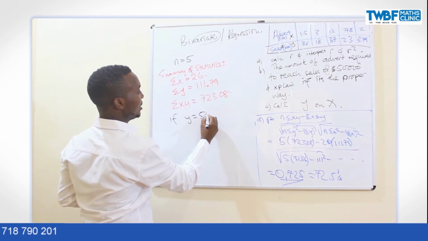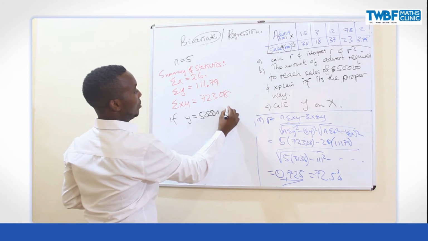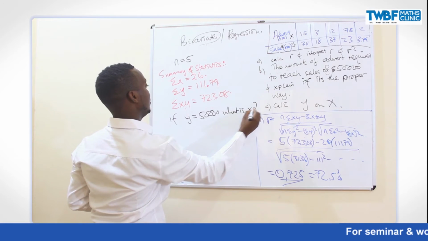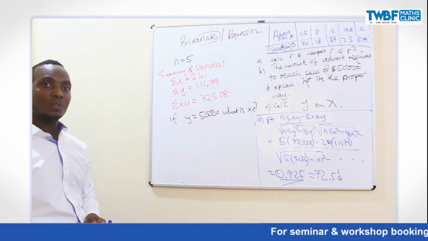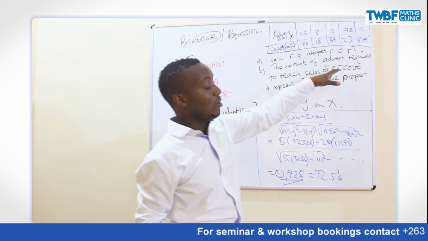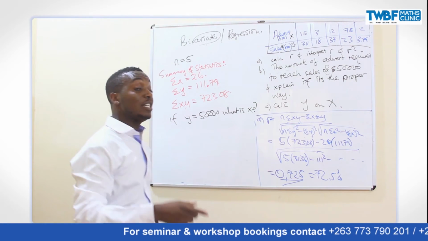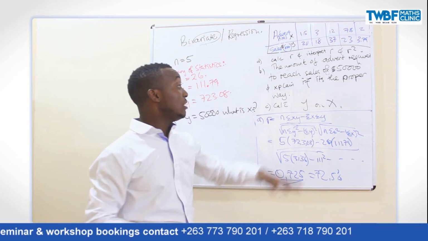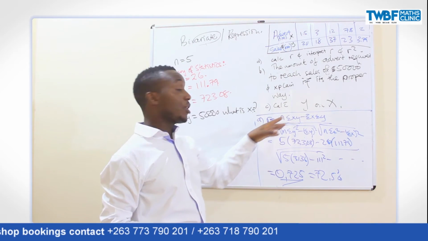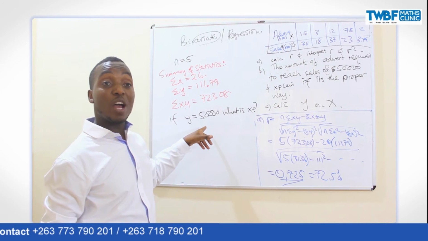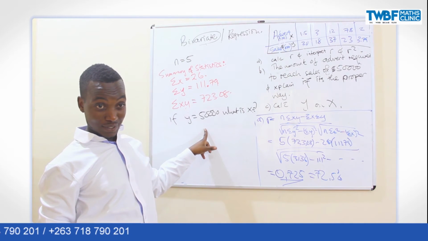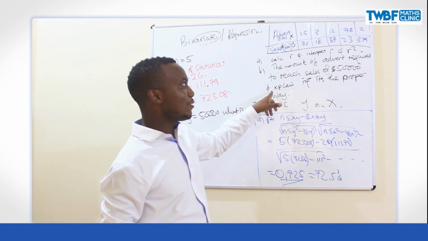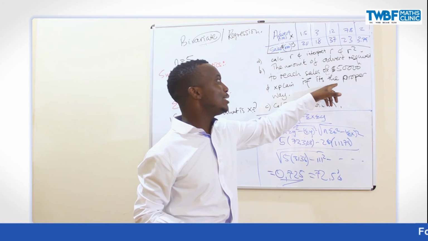Which means we have to calculate the regression equation, then go where there is Y and put 50,000 in order to get X. But there is a question: explain if this is the proper way.